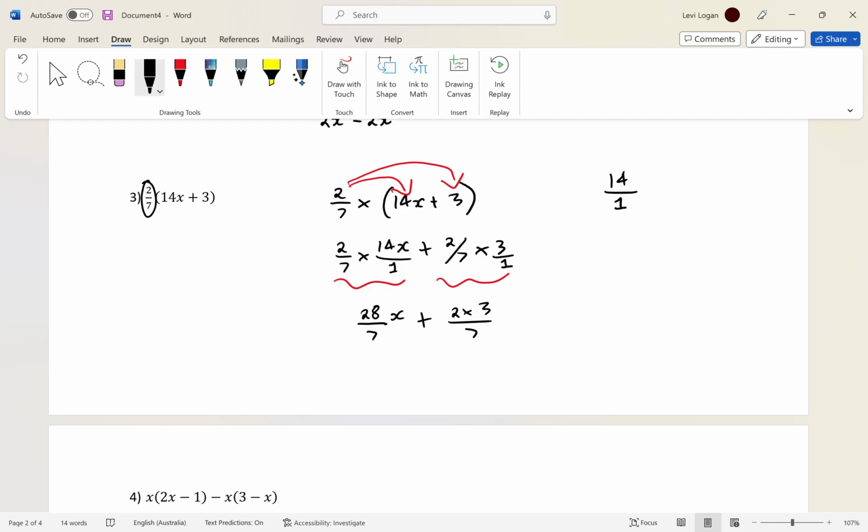So we're left with 28 over 7x, plus 6 over 7. We can simplify this a bit more. 28 divided by 7 is 4, so we can simplify that down to 4x plus 6 over 7. Alright, cool. And that's expanded and simplified to the simplest expression you can get.